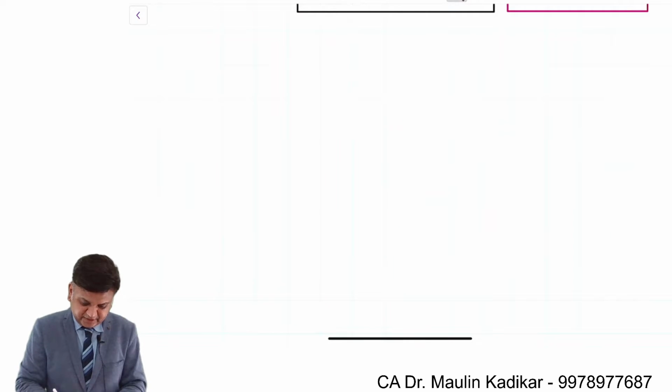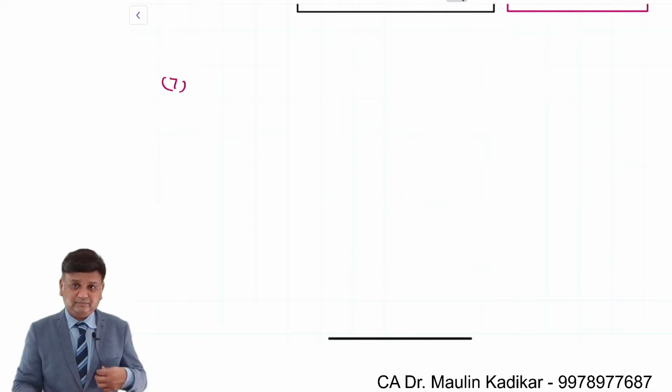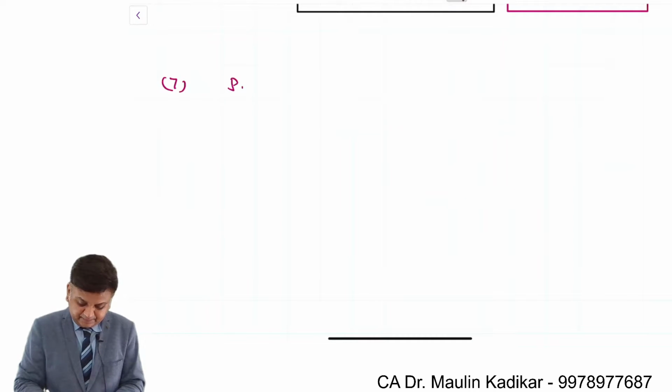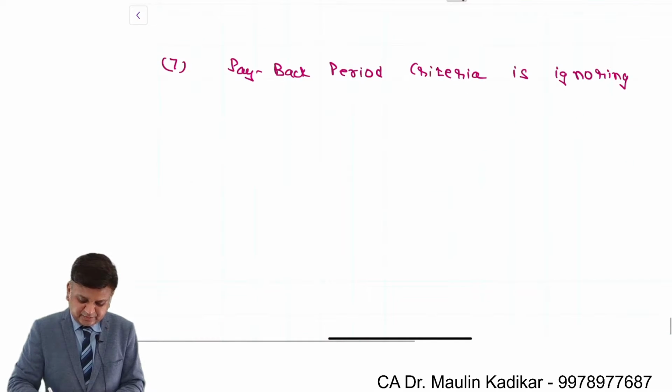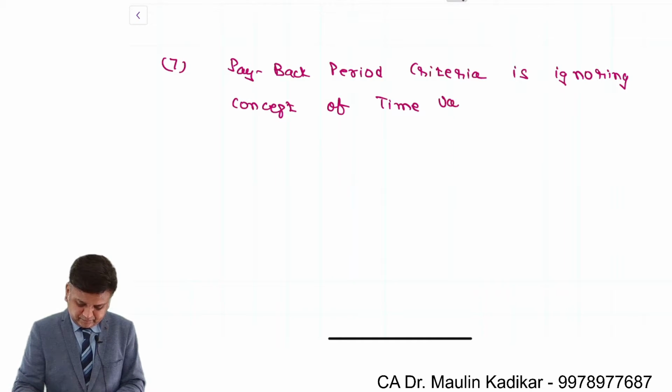Write on 7th point, next point, write down. Payback period criteria is ignoring the concept of time value of money. Full stop.